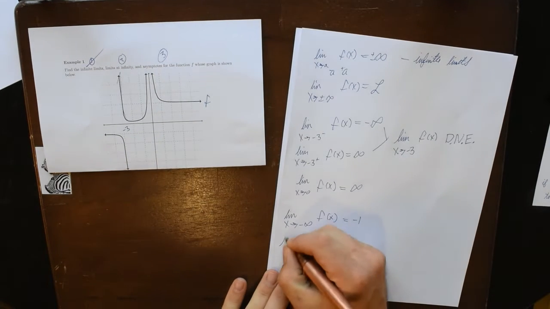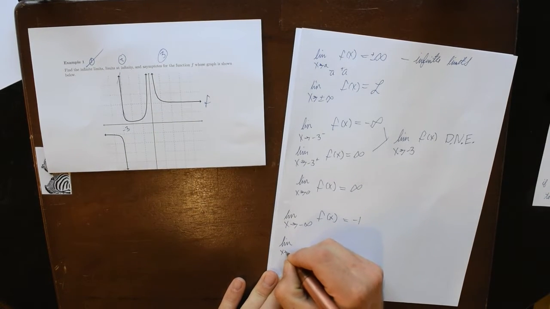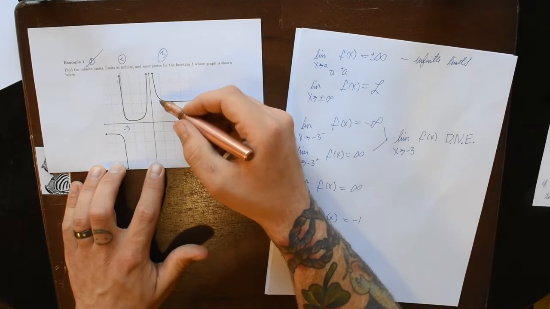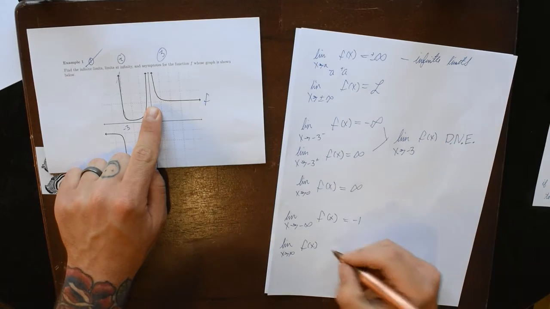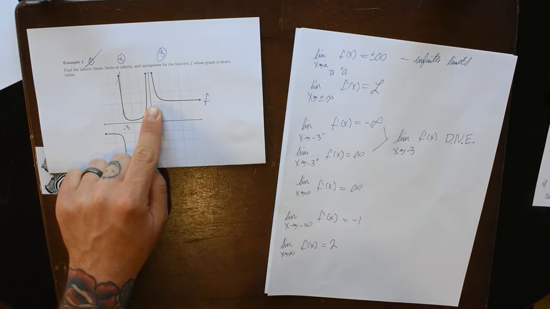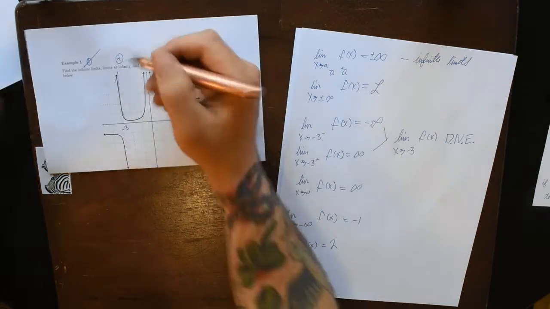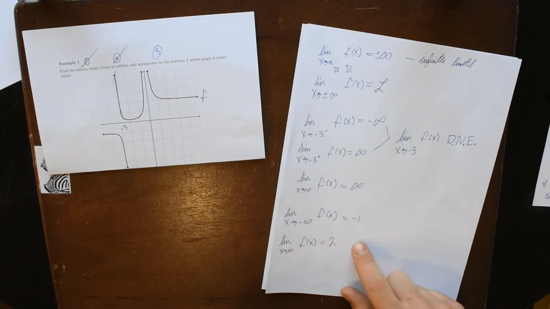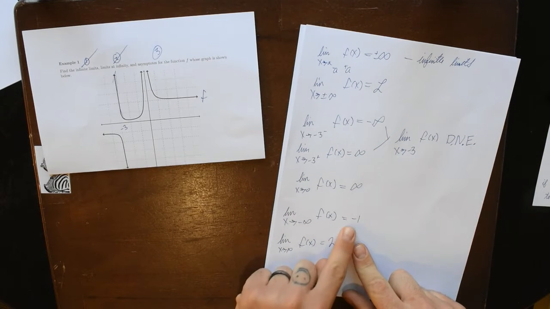However, the limit as x goes off to positive infinity of f of x, as our x's increase without bound, our y values approach 2. So, our limits at infinity are done. But now take a look at what we have. We've got this limit as x goes off to negative infinity equaling -1.